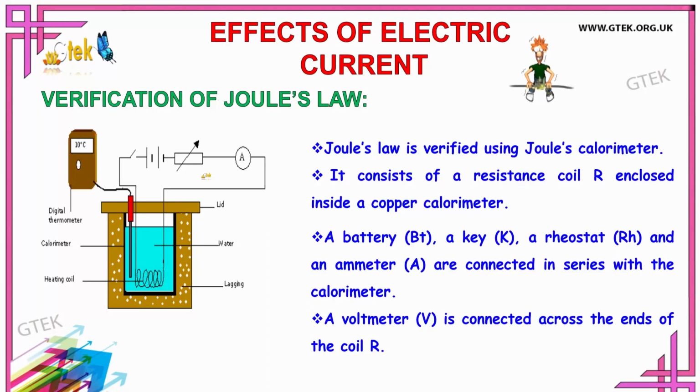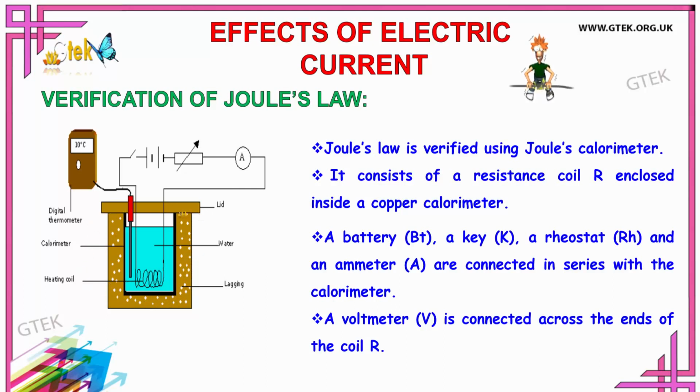Now let us see about the verification of Joule's law. Joule's law is verified using Joule's calorimeter. This calorimeter consists of a resistance coil R enclosed inside a copper calorimeter. You can see in the picture on the left side that the resistance coil R has been enclosed inside a copper calorimeter.